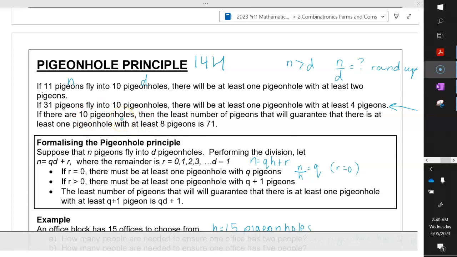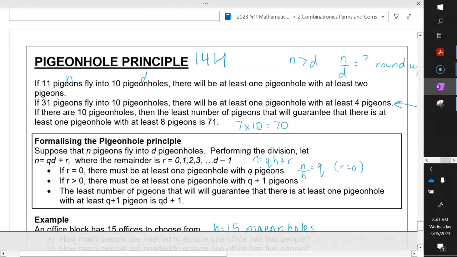If we've got 7 in each of those 10 pigeonholes, we've got 70 pigeons. But it says there is at least one pigeonhole with at least 8 pigeons in, so we're assuming that they're distributed evenly along. One of those 10 pigeonholes, if it's got an extra one in, it's going to have 8 instead of that 7. So we're going to add one more to it, and we're going to end up with 71. So they're kind of logical if you think of them like that.